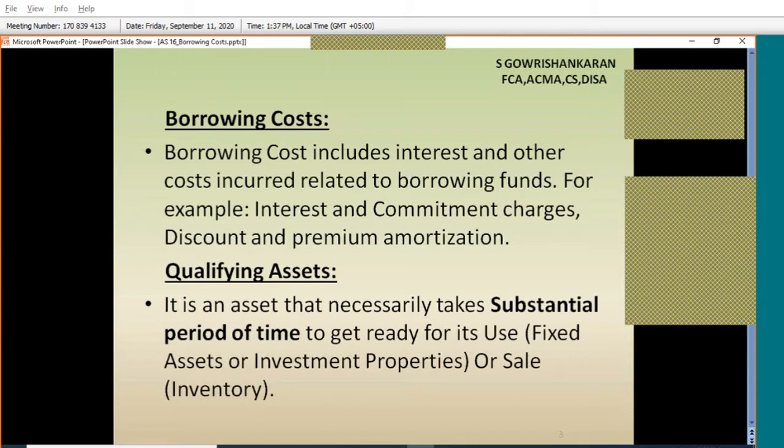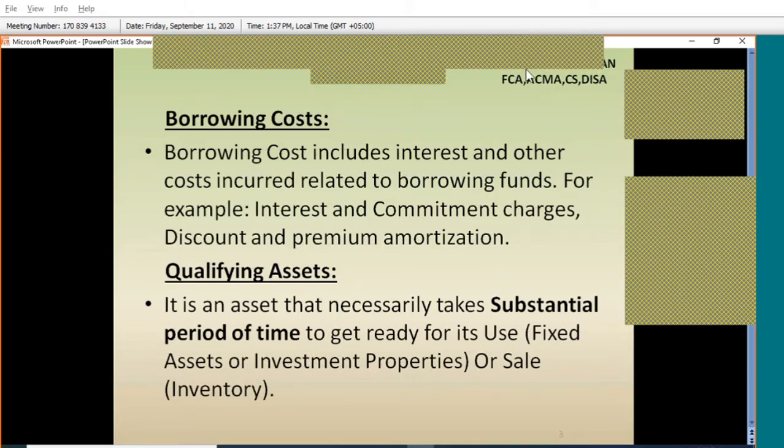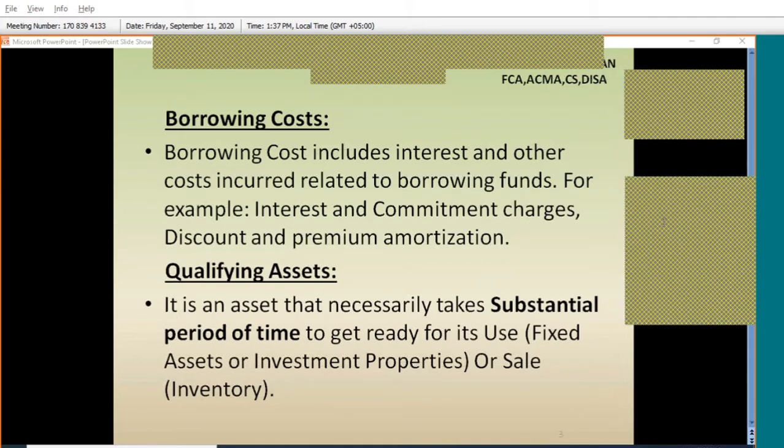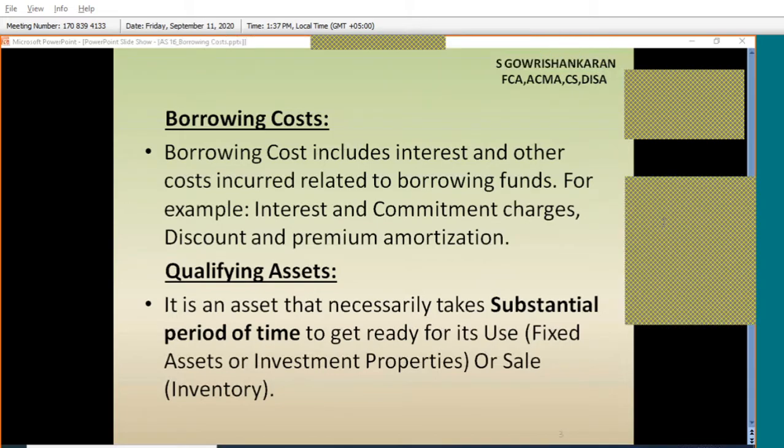Whether it will take a very huge, substantial period of time for constructing an inventory. What is the meaning of inventory generally? Stock. Stock means it is available for use.